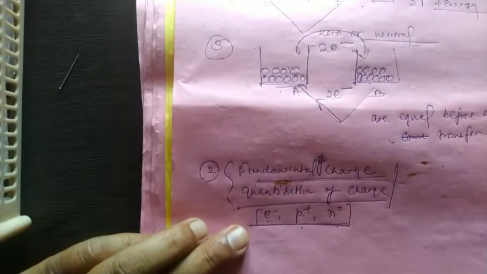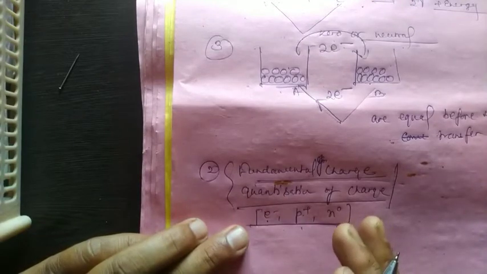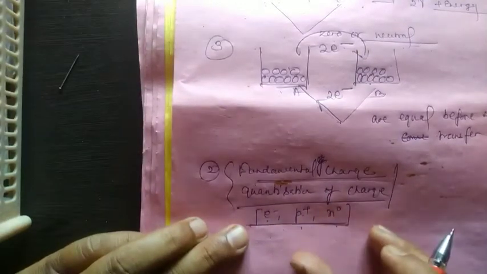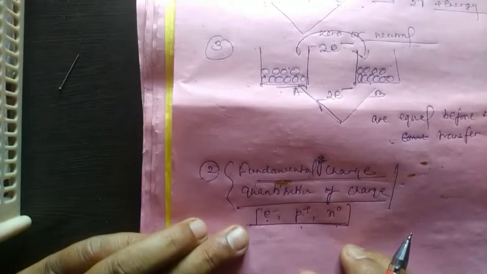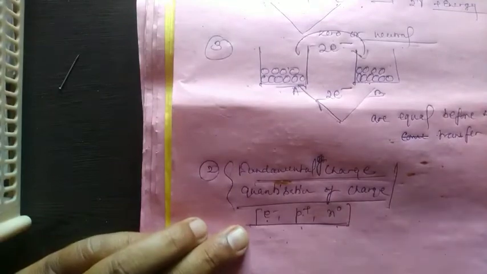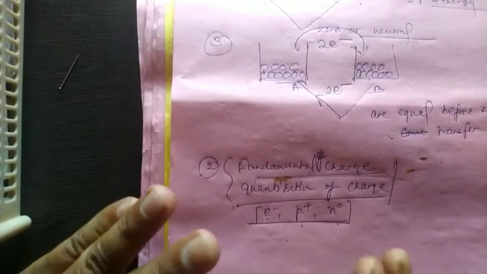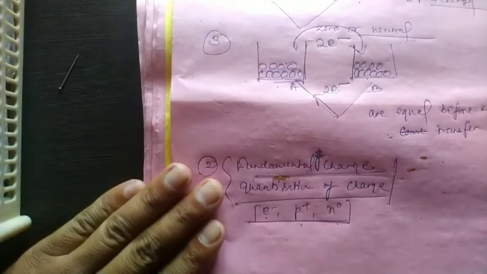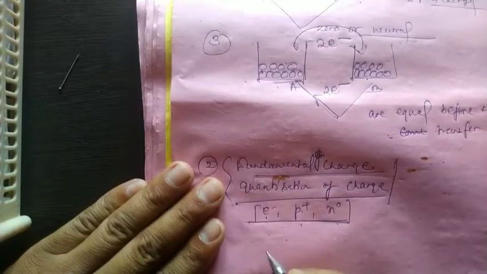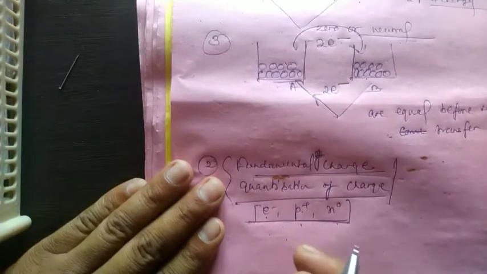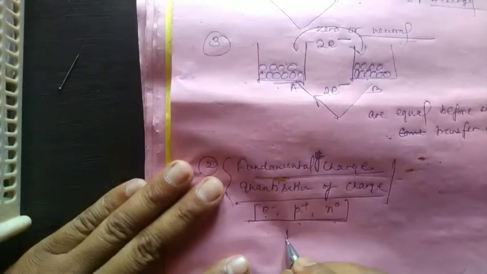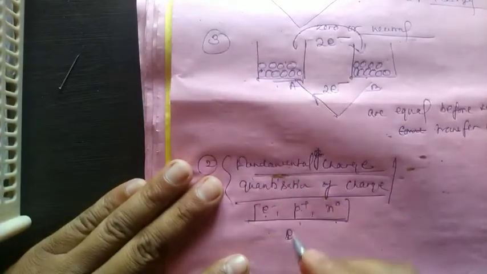If we measure the charges of different types of ions or elementary particles, the charges will be in the form of multiples. The fundamental charge is denoted by e.